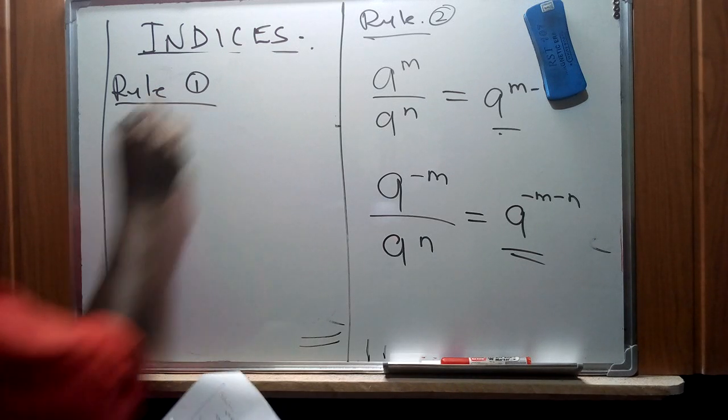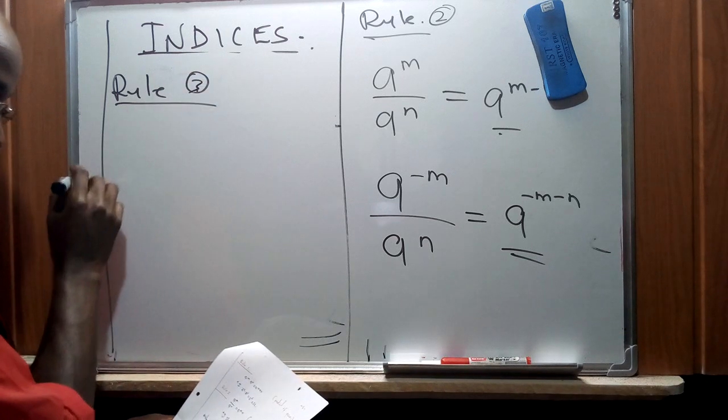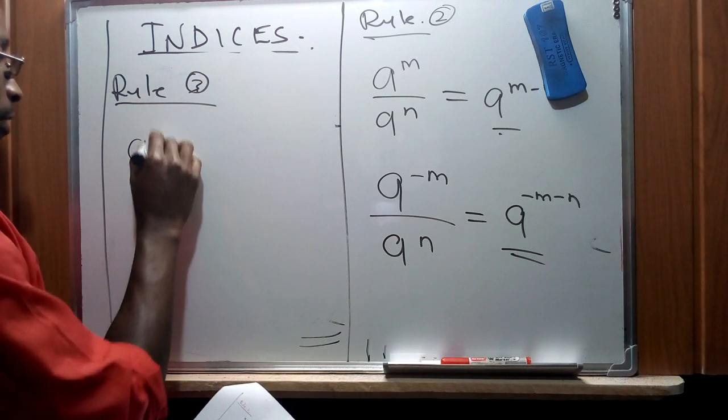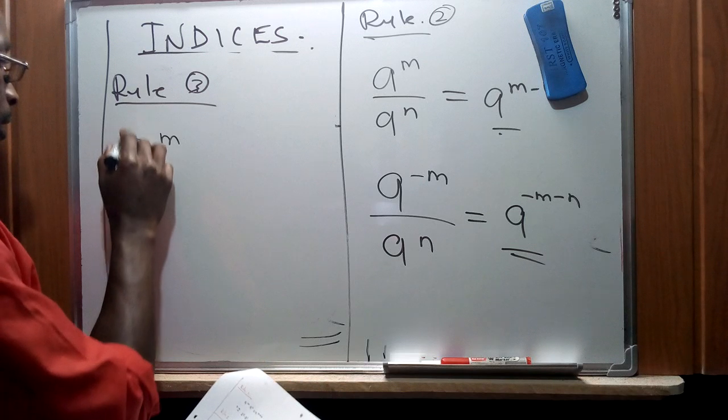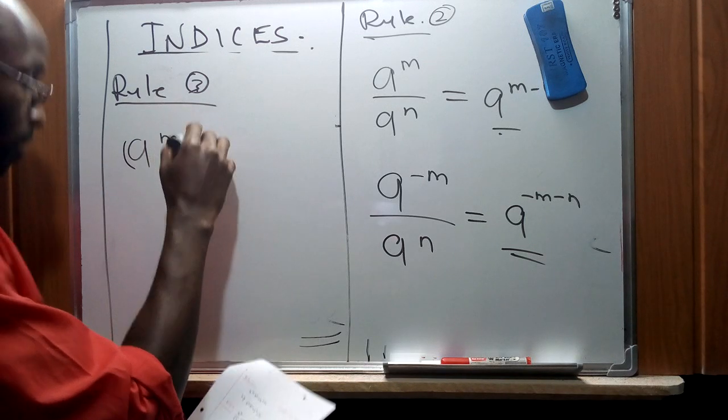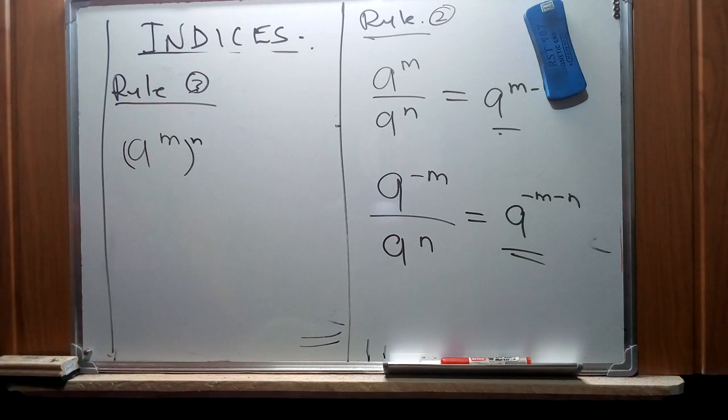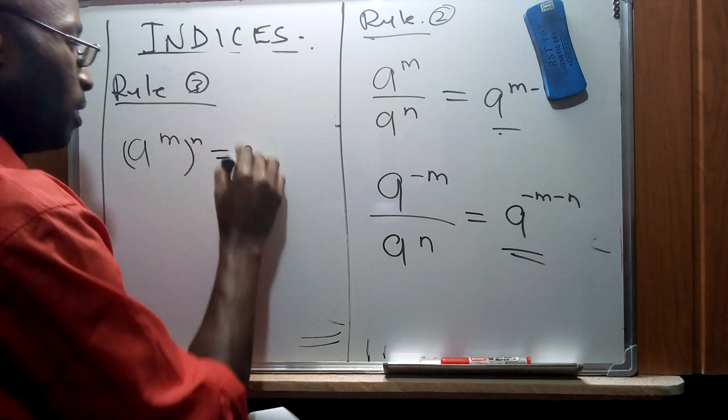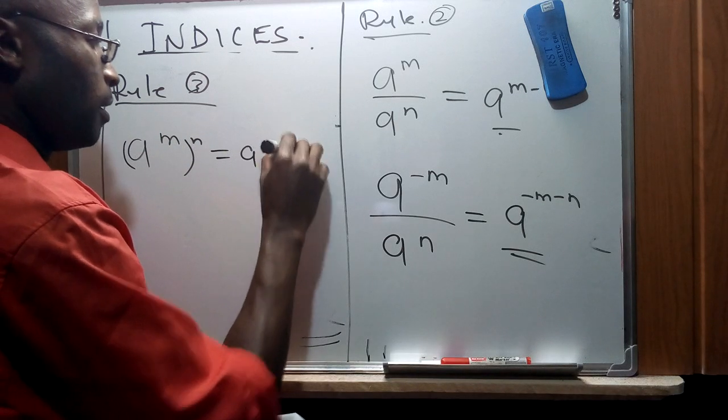That is rule number 3, whereby we have a raised to power m, raised to the exponent n. This is going to be a raised to m times n, the product of the two.